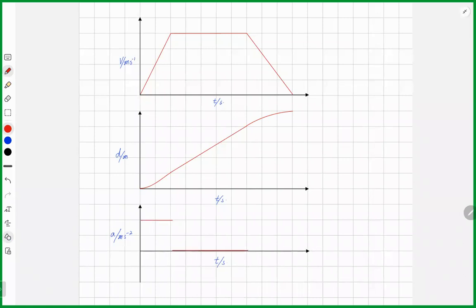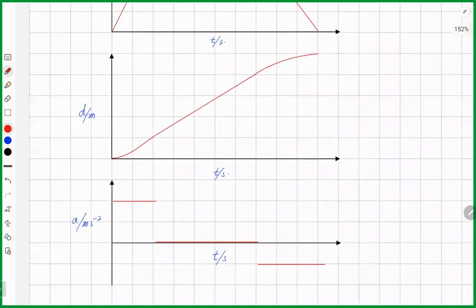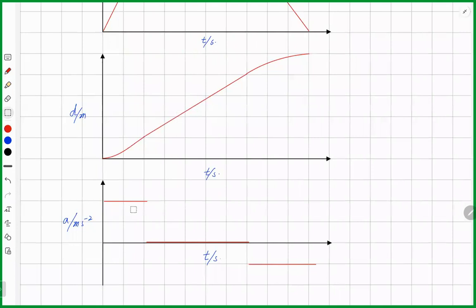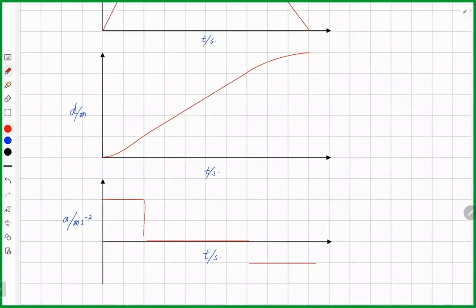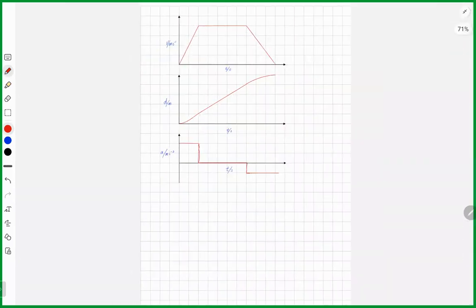And then there is a negative acceleration, but I can see that the value of negative acceleration will be less than the value of positive acceleration. So this is how I can convert the same velocity time graph into a distance time graph and then into an acceleration time graph.